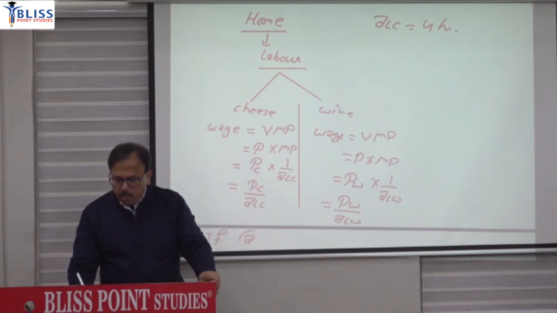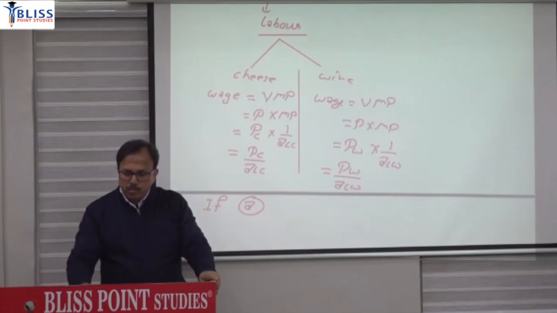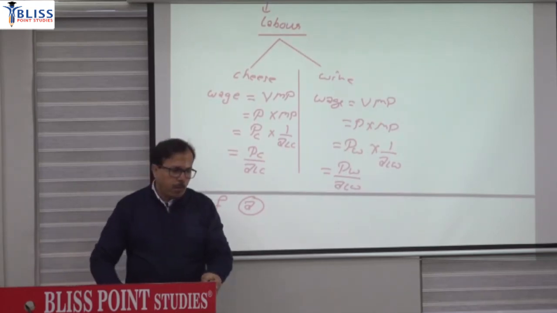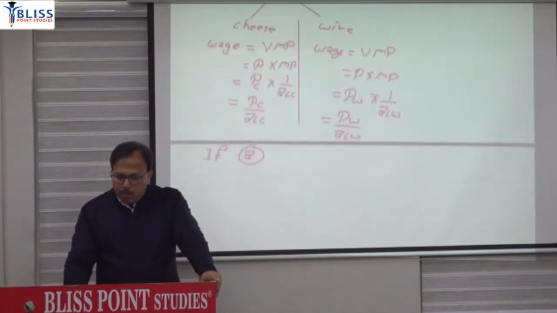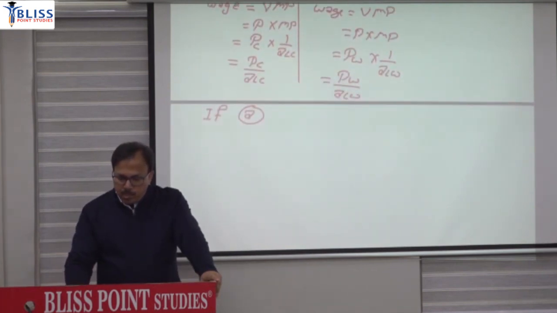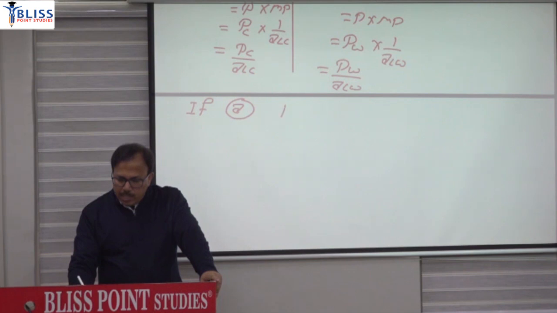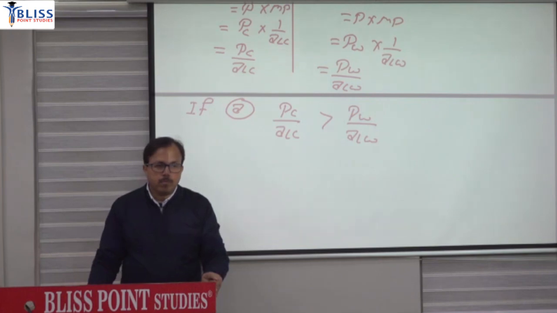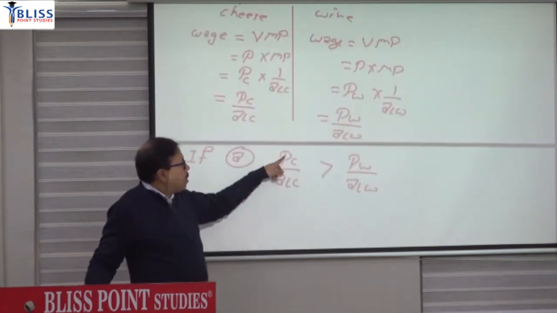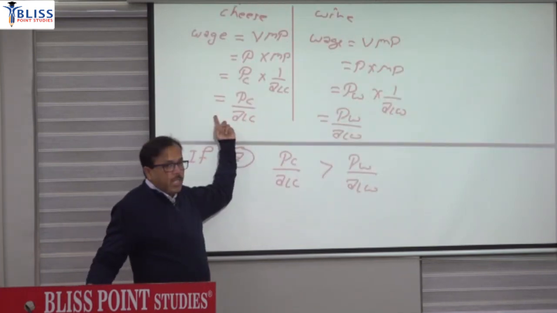Consider 3 possibilities here. First, if I say that PC upon ALC is greater than PW upon ALW, it means what? What is this number PC by ALC? This is wage in cheese.